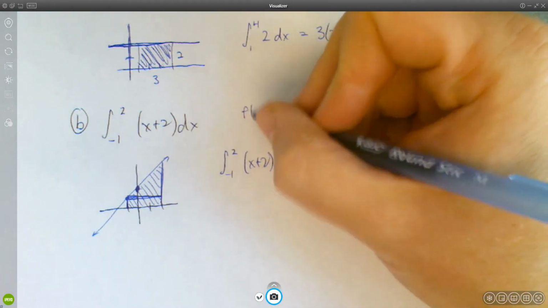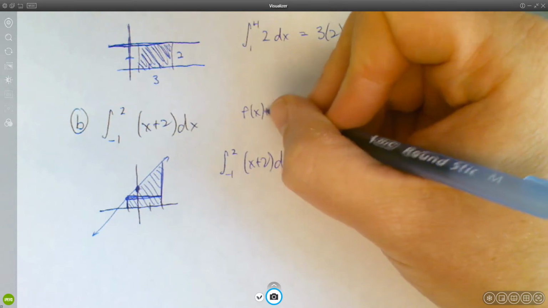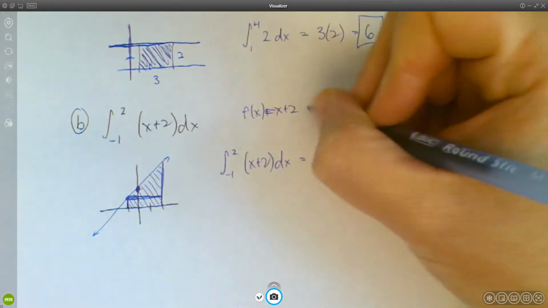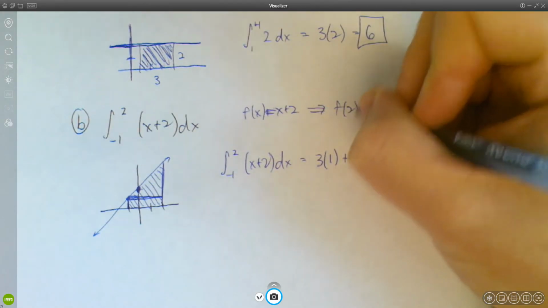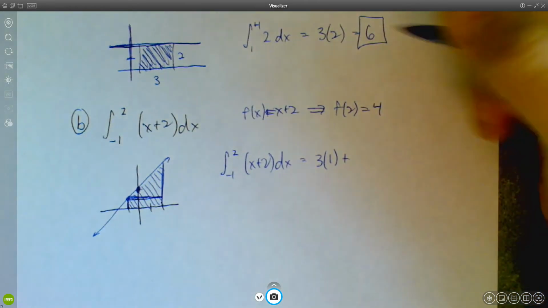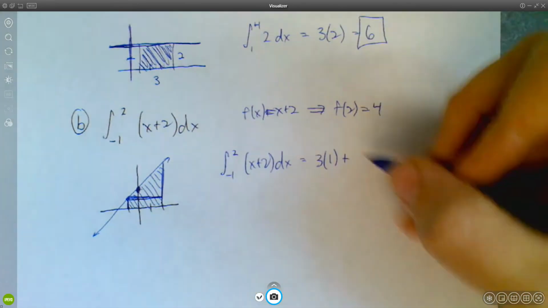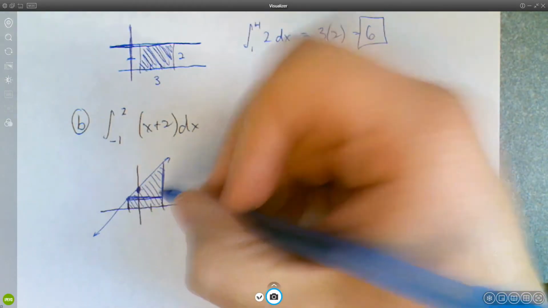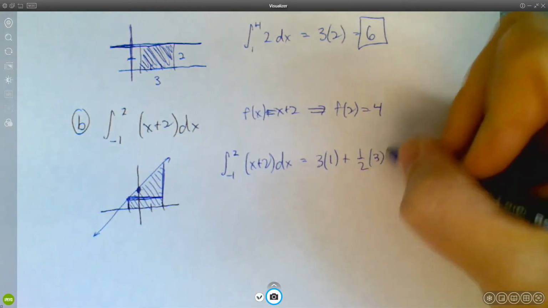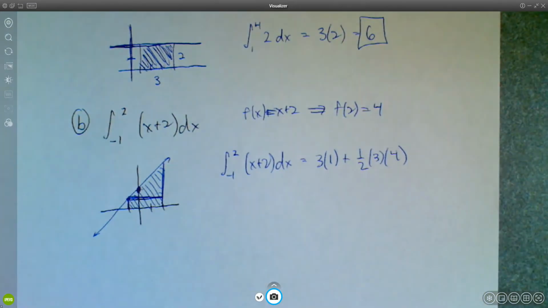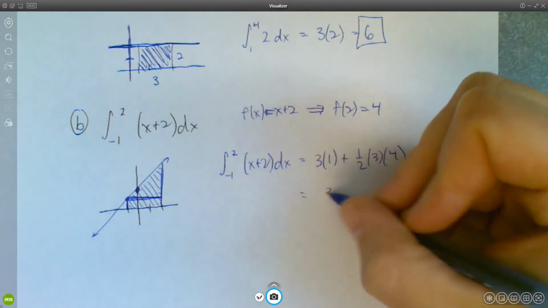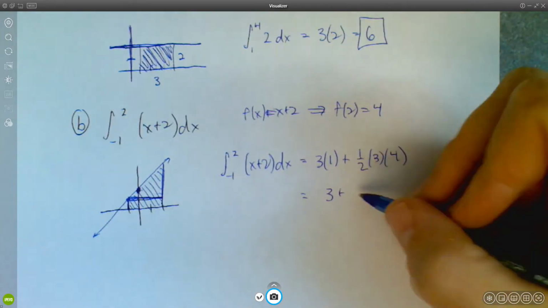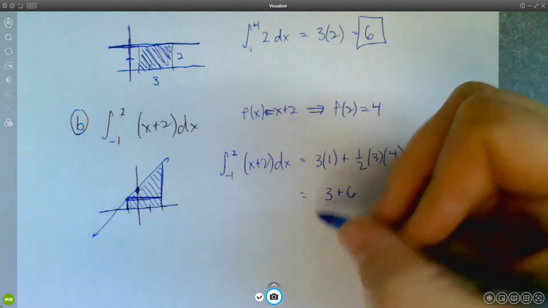So if f of x is x plus 2, then f of 2 is 4, and so the height would be 4. So it would be 1/2 times the base times the height. Okay? So that's 3 plus 6, which is 9.